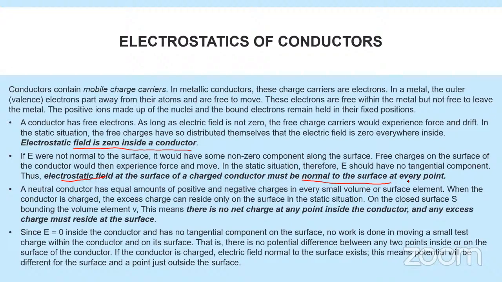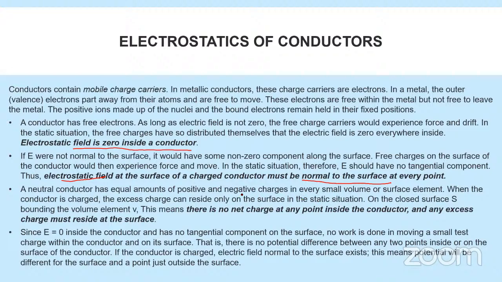Okay, then if we are considering a neutral conductor, there will be equal amounts of positive and negative charges in every small volume or surface element. We actually consider the entire volume or entire surface to be made up of small elements, and for a neutral conductor, all these small elements, either volume or surface, will have equal amounts of positive and negative charges in them.